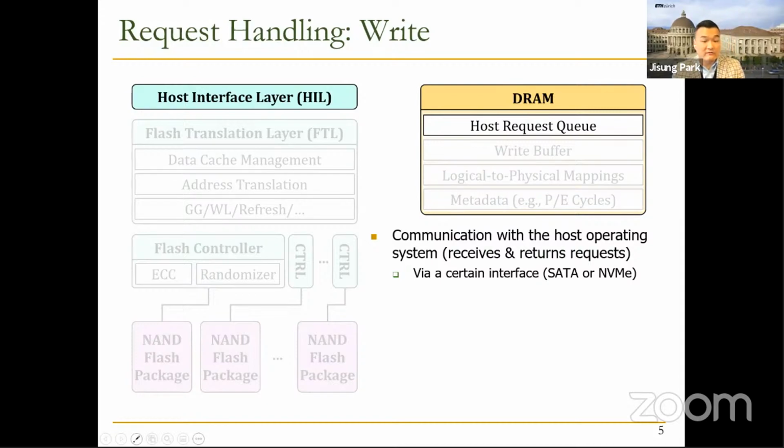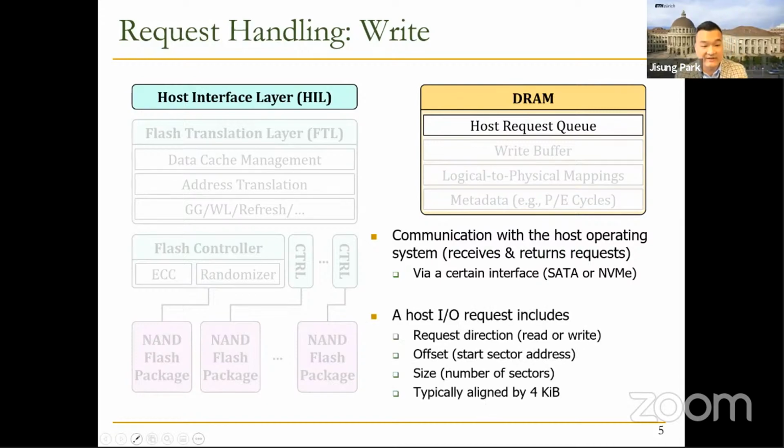A host I/O request should include the request direction, meaning a read or write, the start address of sectors involved in the request, and the request size in the number of sectors. Here, the sector is commonly 512 bytes in size as a kind of legacy of HDDs. But because most modern file systems manage data in 4 kilobyte block granularity, the sector offset and size are typically aligned by 4 kilobytes.